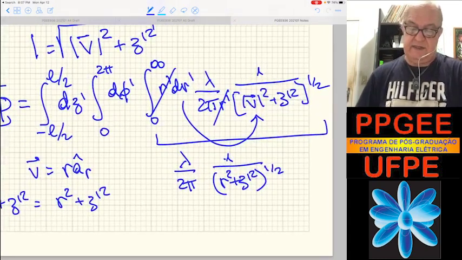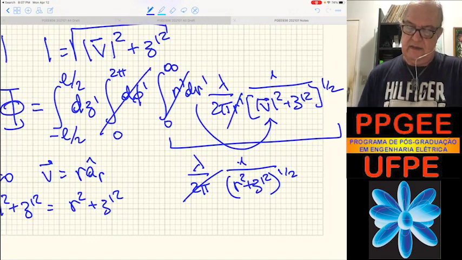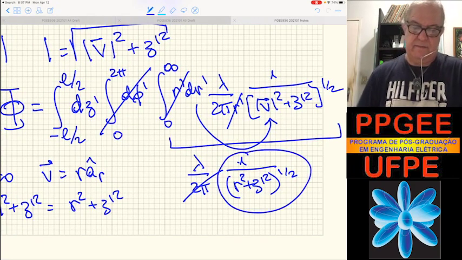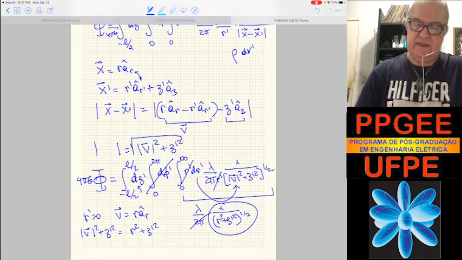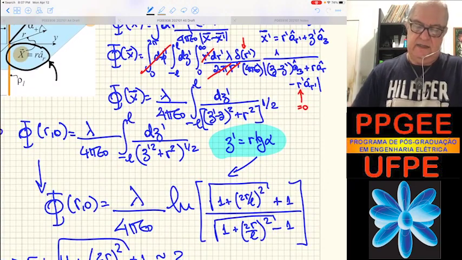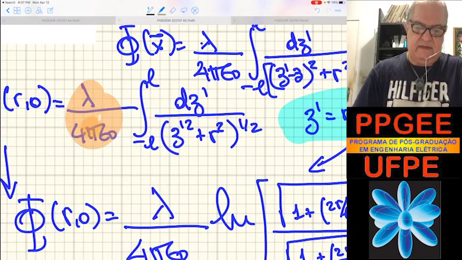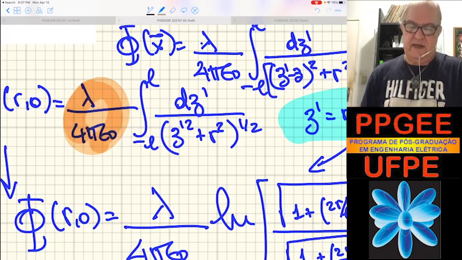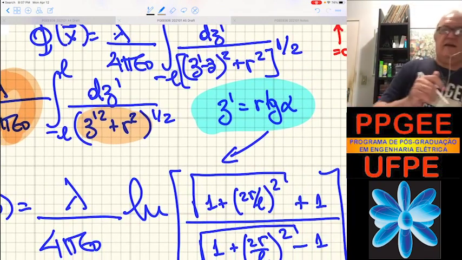Now it becomes easier. The 2 pi cancels with that, so we end up with the integral of this function over z. That's the final integral that we have, with this factor here, then this integration. That one I'll leave to you.